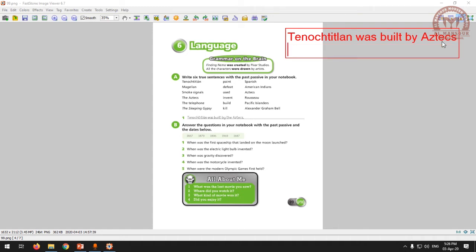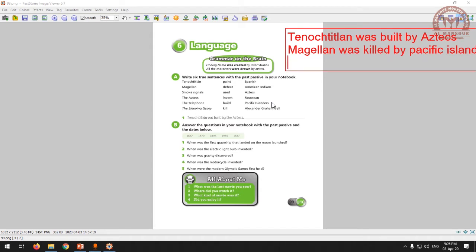Okay? The second sentence we have is Magellan was killed by Pacific Islanders. Okay? You can see the rest of the sentence, but it's this one, Pacific Islanders. Okay? Third sentence we have smoke signals. You know this one.